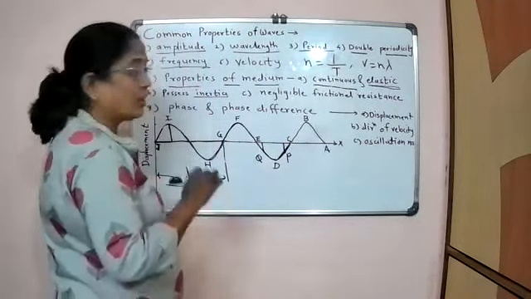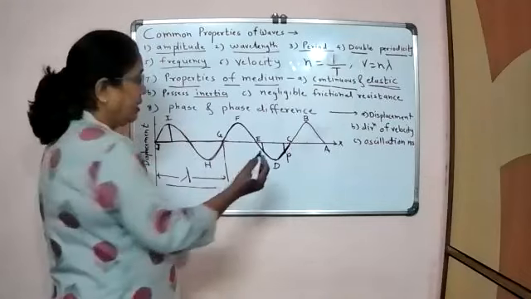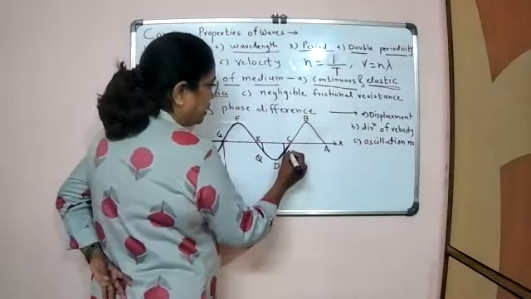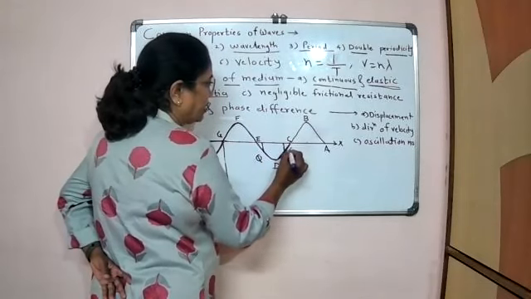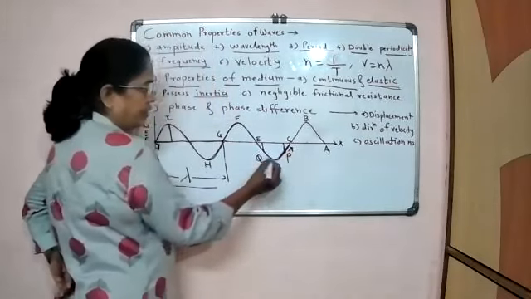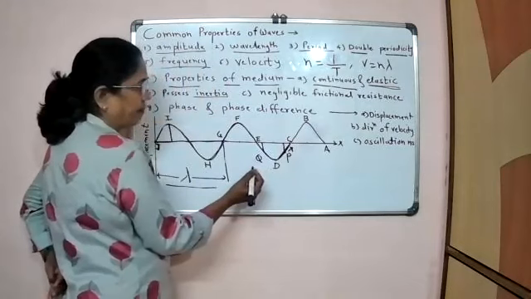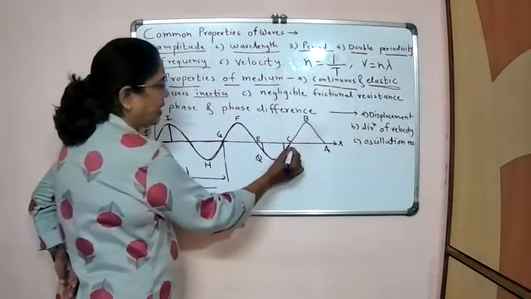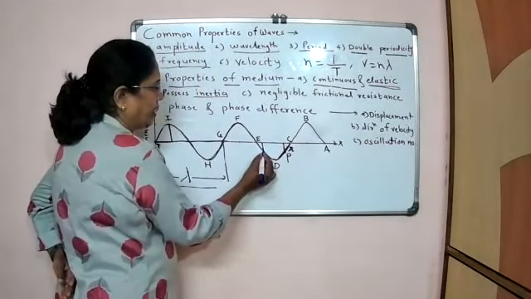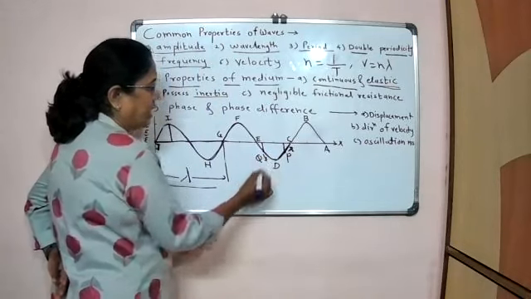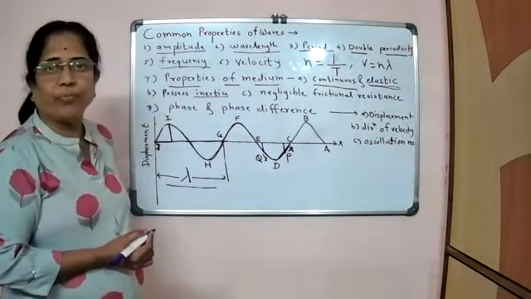But for the next moment, this P particle has the direction of velocity this. P particle असा पुढे जाणार. बरोबर आहे. So this is the direction of velocity of particle P. आणि Q particle, this is the direction of velocity of Q particle.